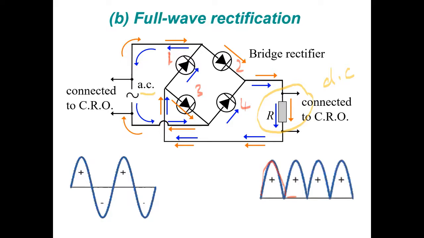So this is how the current flows in a bridge rectifier. And then this is the graph produced for the DC current. This is what we call full wave rectification. That means in the first half cycle and the second half cycle, current can pass through.